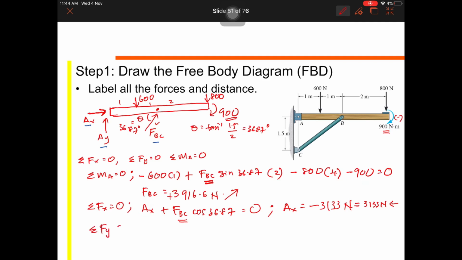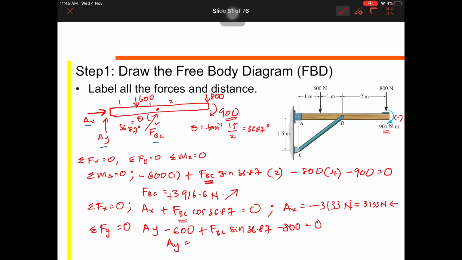So summation of Fy is equal to 0. So you have AY minus 600 plus FBC sine 36.87 minus 800 equals to 0.